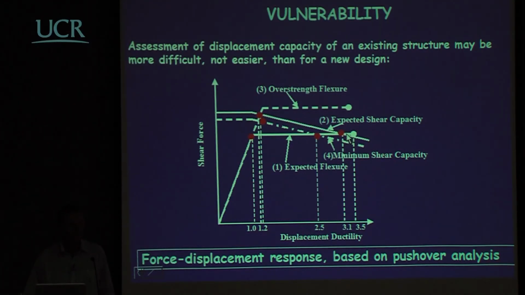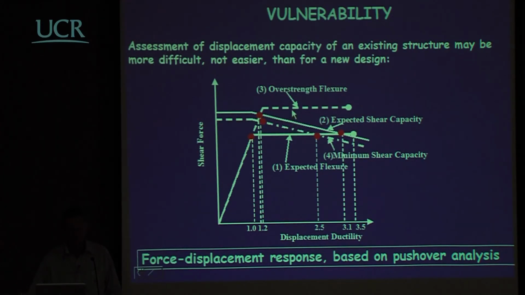However, if we look at uncertainties associated with the material properties, first we know that the actual overstrength flexural capacity might be very much larger than this. The material properties could be substantially higher. There might be some strain hardening, which we haven't taken into account here. So this is the capacity itself. Now we see that intersects with this shear capacity at this point here, a ductility of 1.1 or something like that.